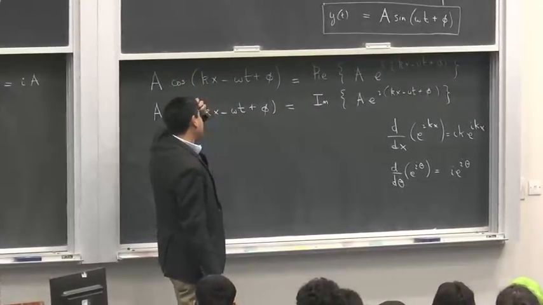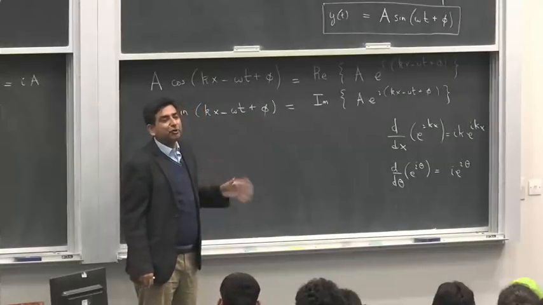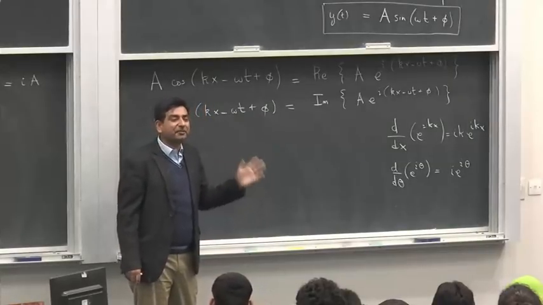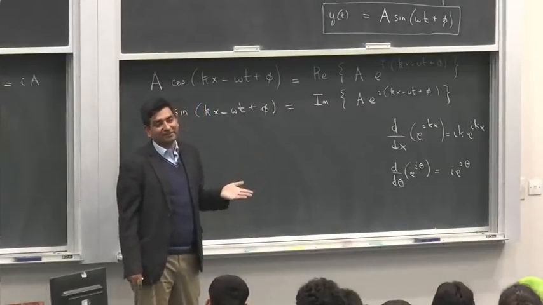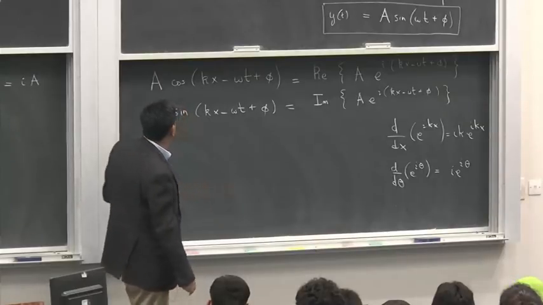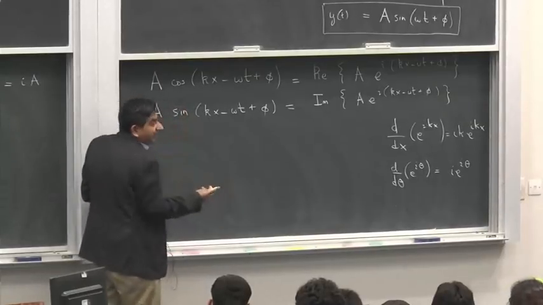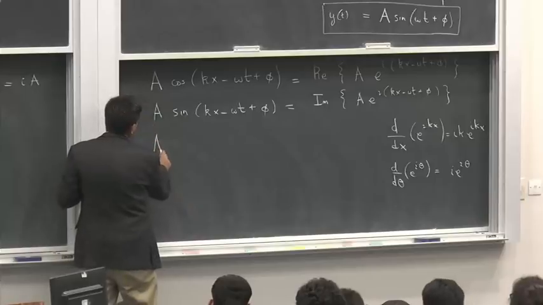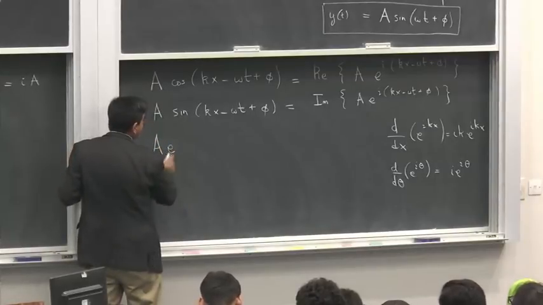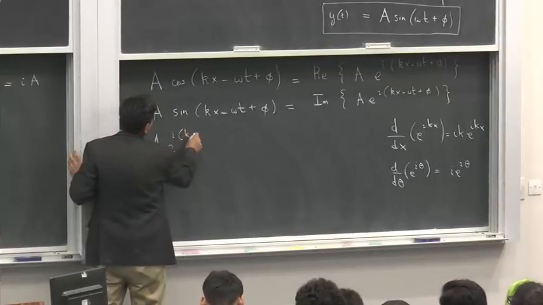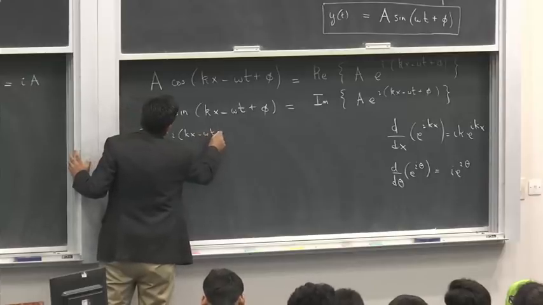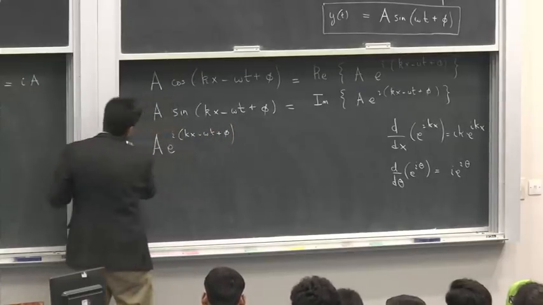Alright. So now what physicists generally do, they don't want to write the imaginary and the real parts over and over again. They would just write that my wave is simply y equals A e^(i(kx minus omega t plus phi)). This is their wave, y.